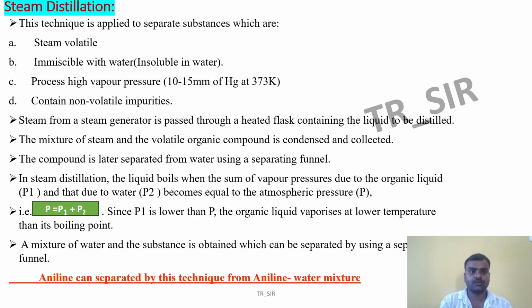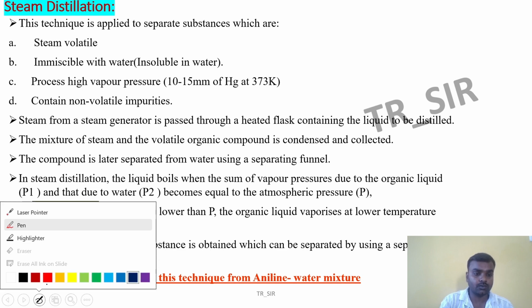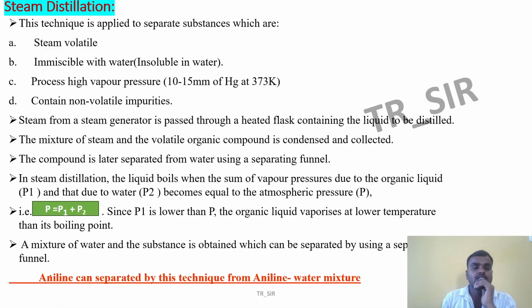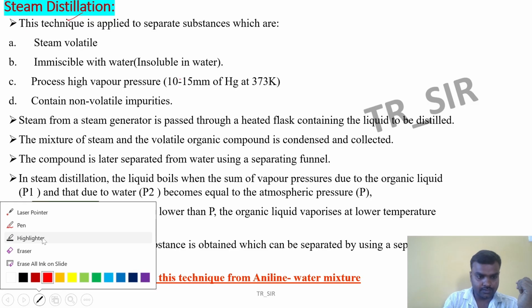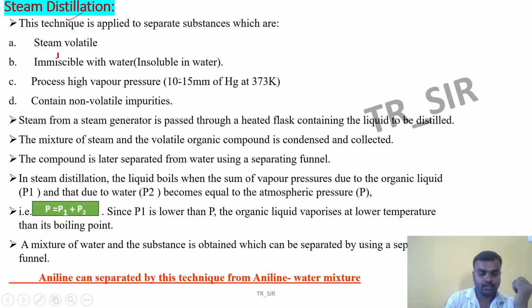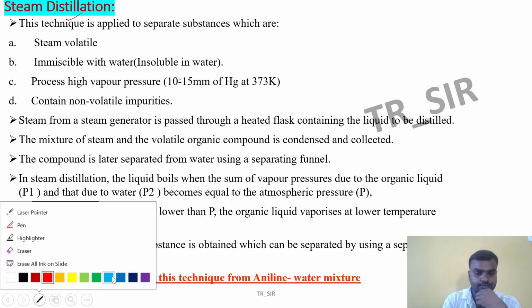Now we'll go to the next one, the steam distillation method. Different topics are there, and it is very easy for you guys to understand. What is the purpose of this technique?